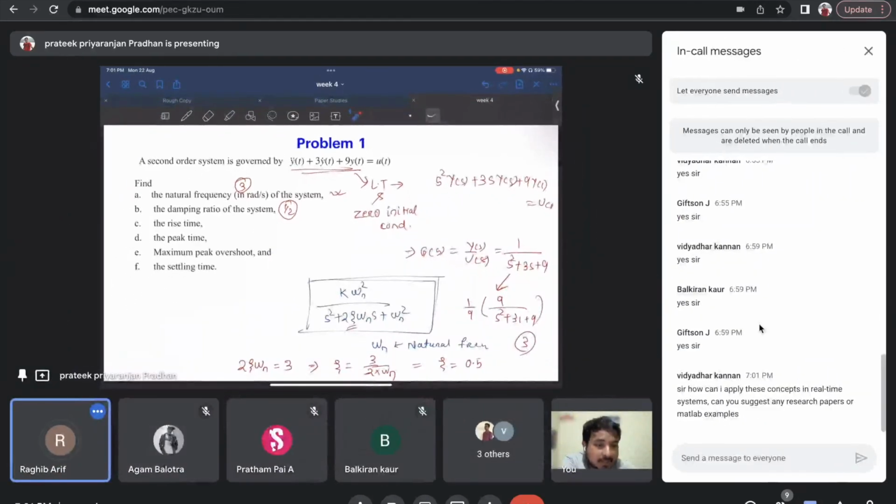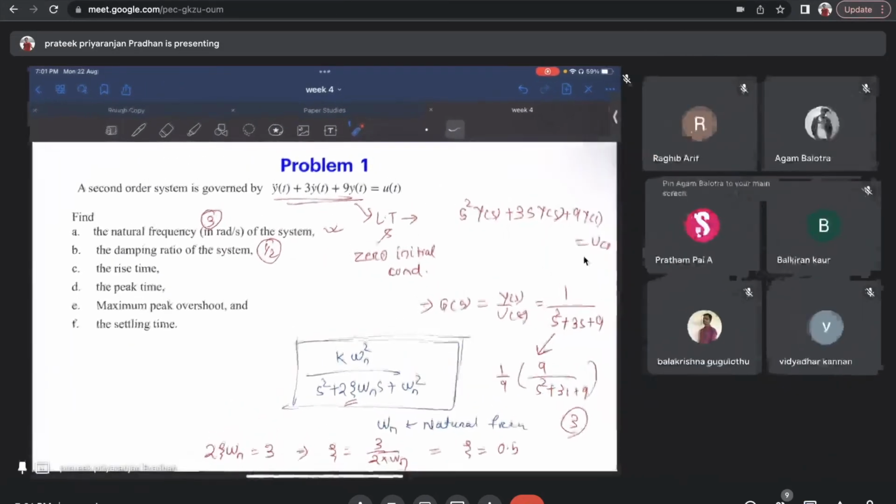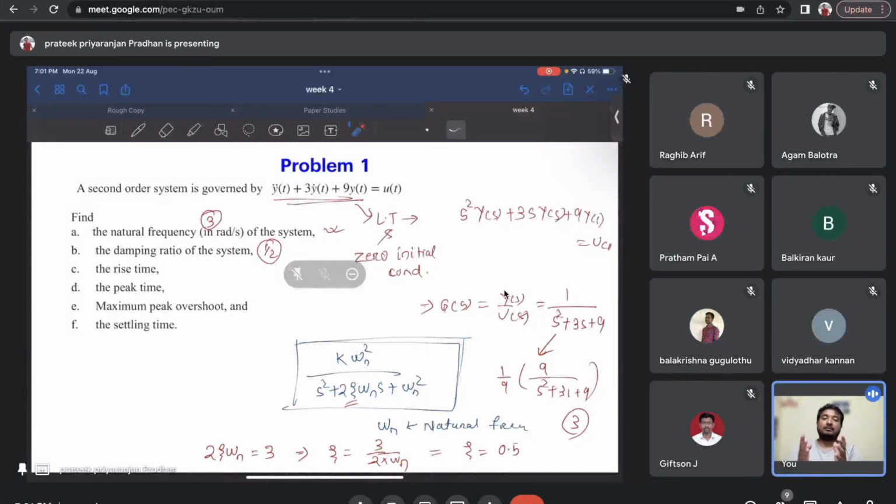Vidyadhar asks, sir, how can I apply these concepts in real-time systems? Can you suggest any research paper or MATLAB example? The thing is that whatever we are reading here is LTI systems, linear time invariant systems. In real life, you will get some non-linear systems.